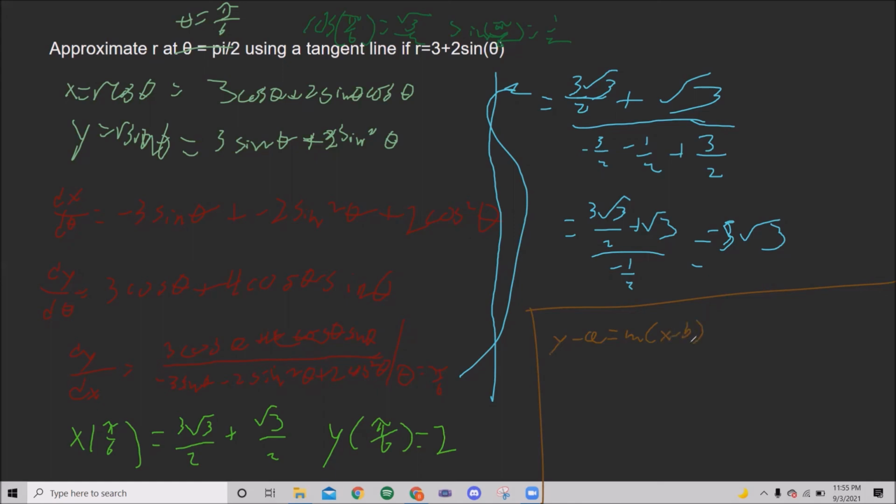B, as you could probably presume, is the x-coordinate. a is going to be equal to 2. m is going to be equal to negative 5 root 3, times x minus root 3 times 3 over 2 minus root 3 over 2. And so that is our tangent line for the polar curve r equals 3 plus 2 sine theta at the point theta equals pi over 6.